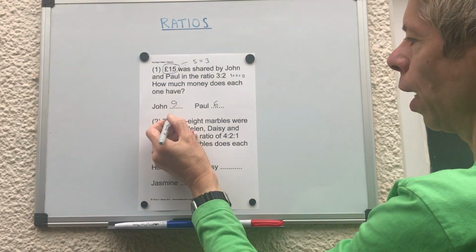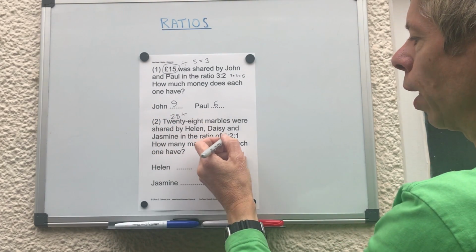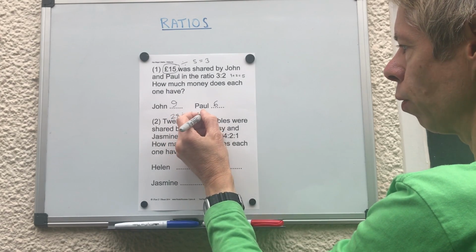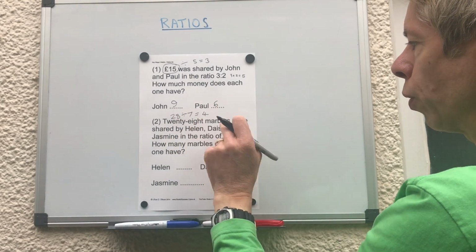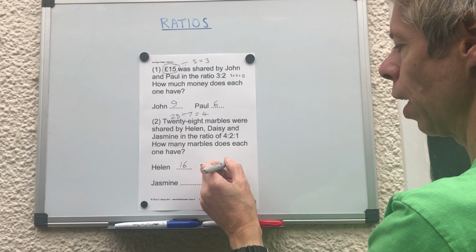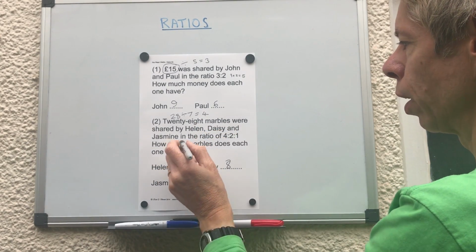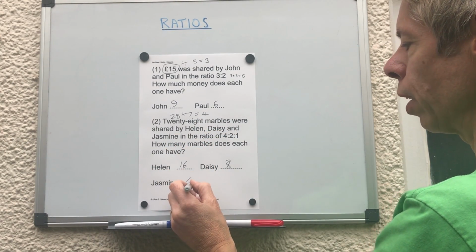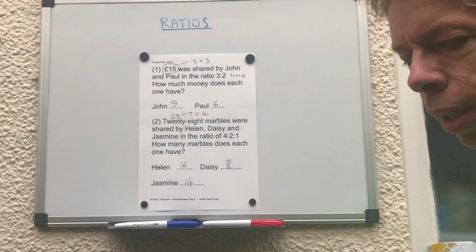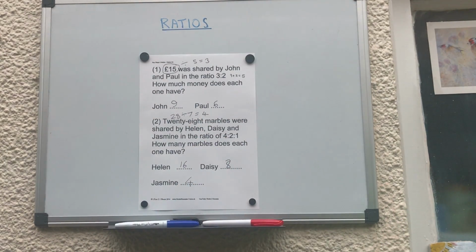This one we've got 28. We're going to divide it by 4 plus 2 plus 1, which is 7. Divide by 7 gives us 4. Use that to multiply. 4 times 4, 16 for Helen. 4 times 2, 8 for Daisy. 4 times 1, 4 for Jasmine. Add up to 28, that was in the original question. That sounds good. So well done if you got those questions right.